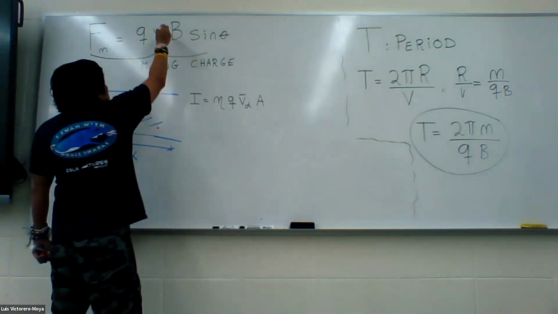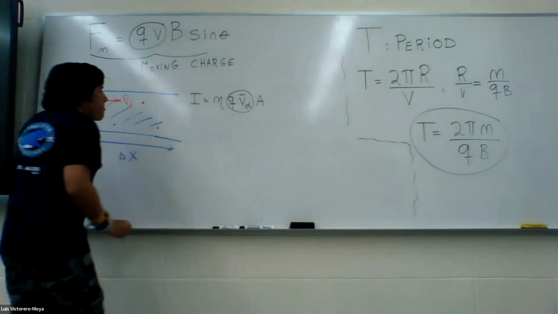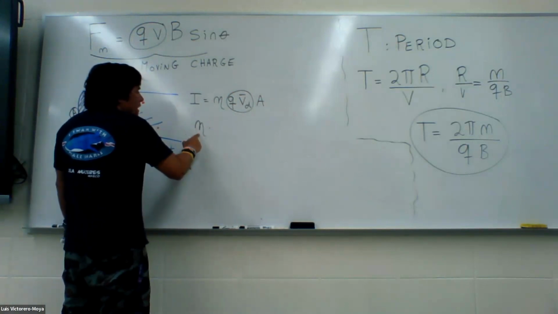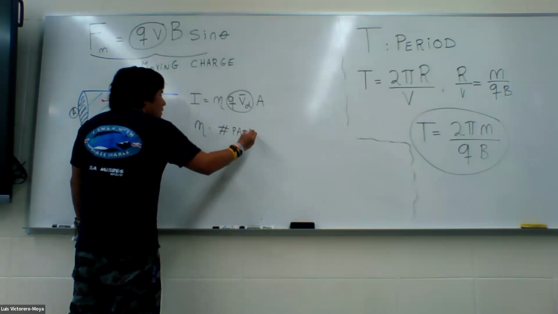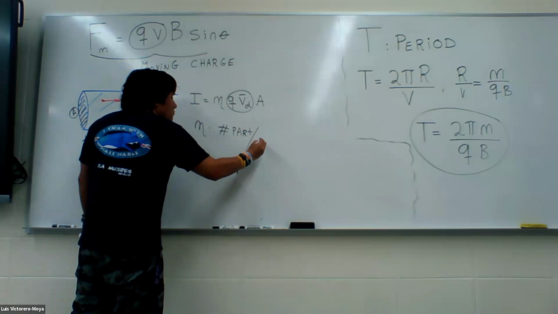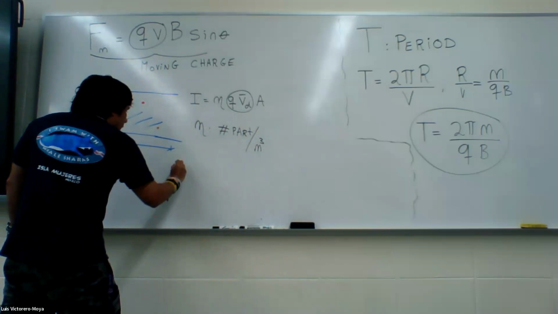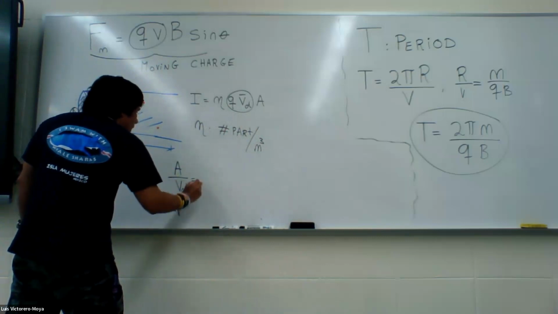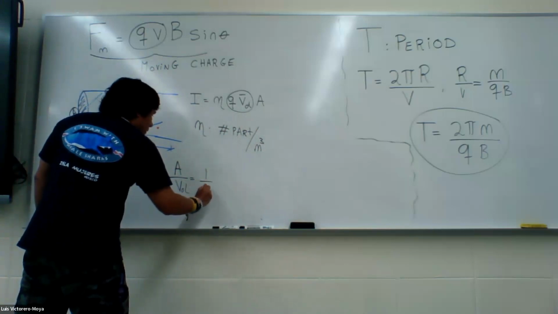Well, look at this and look at this. Now we know that the units for this density are number of particles per volume. Now, area over volume is basically proportional to 1 over length.